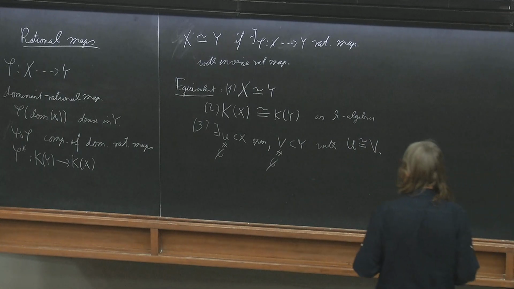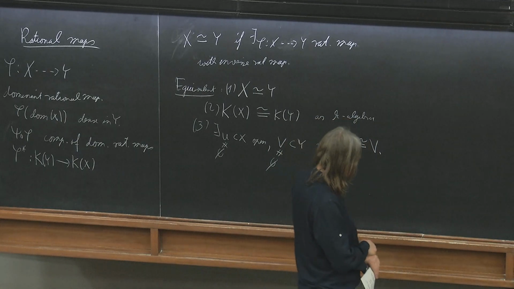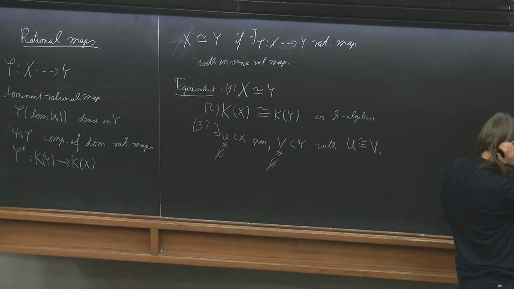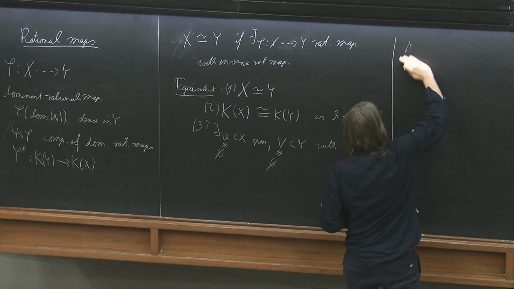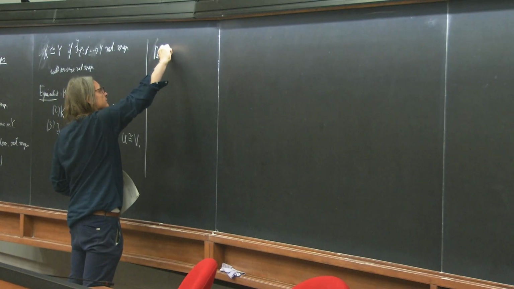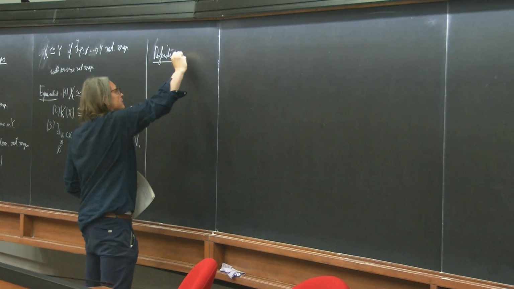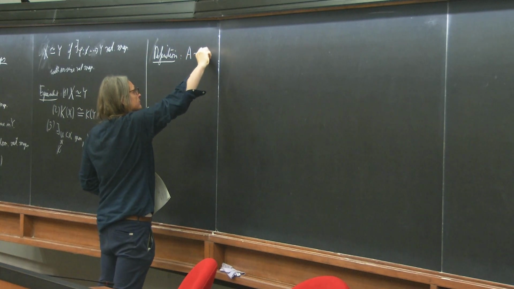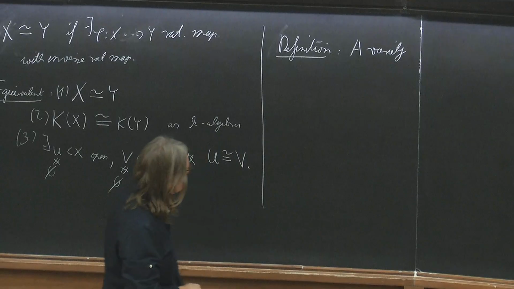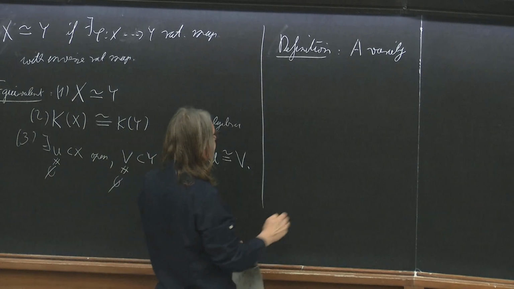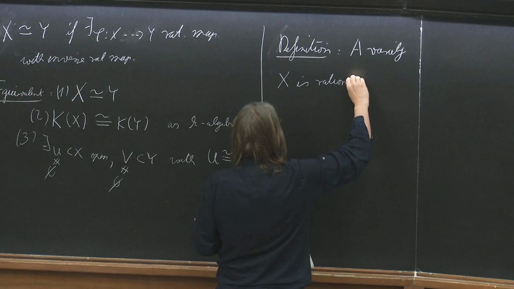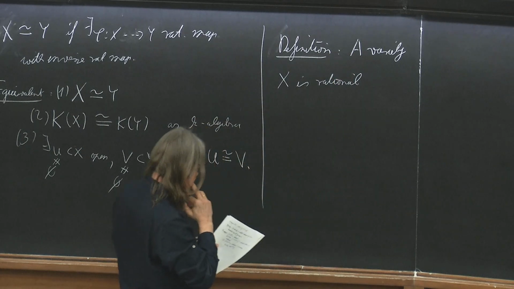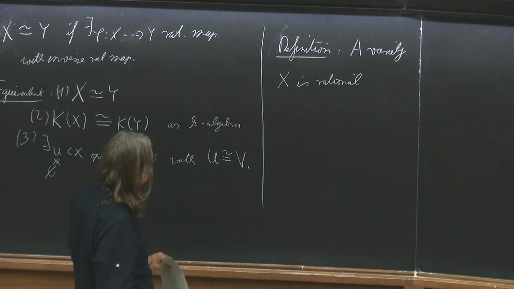Now, I was just missing a couple of examples. So, just to say that a variety X is rational if it is birational to A^n for some n.